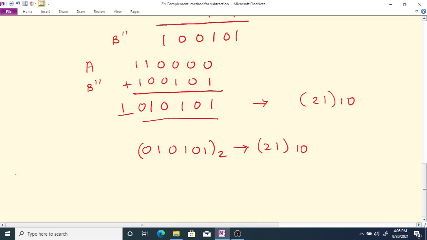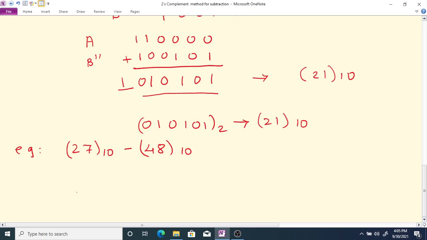Now we will see one more example. Suppose we are given 27 minus 48. So here A will be our minuend, which is 27 now, and B is the subtrahend, which is 48.